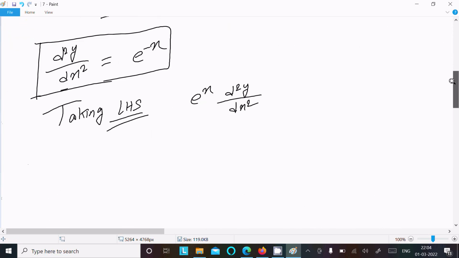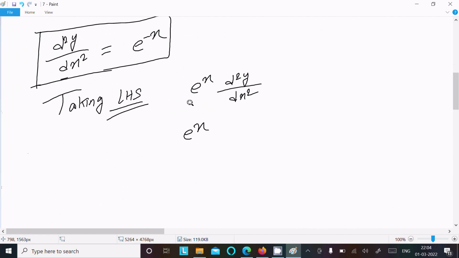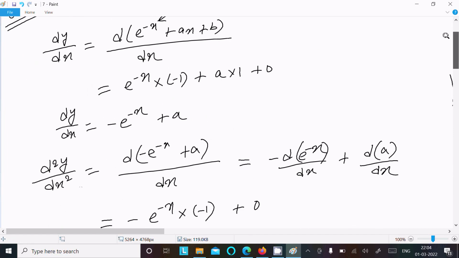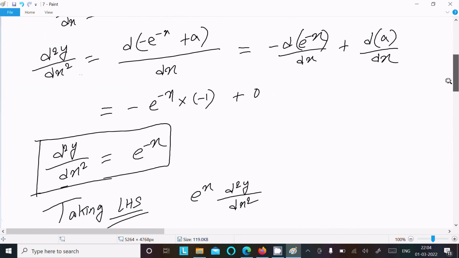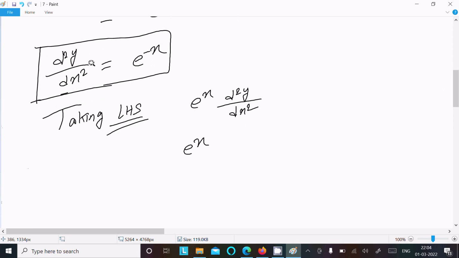So the next is e power x, and d²y by dx², and this value comes e power minus x.